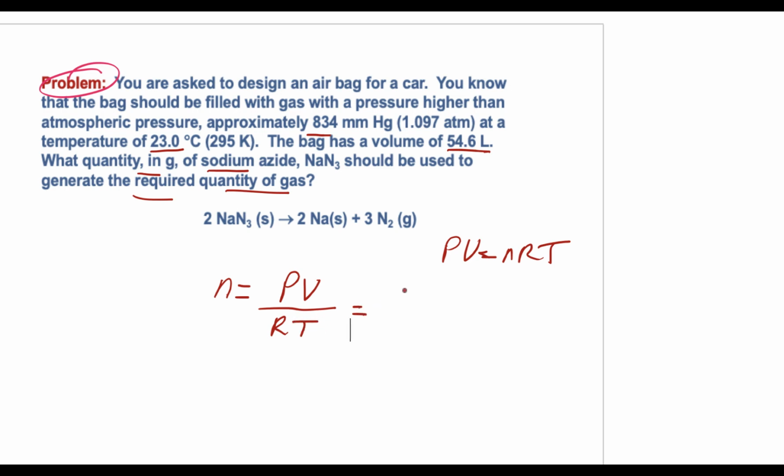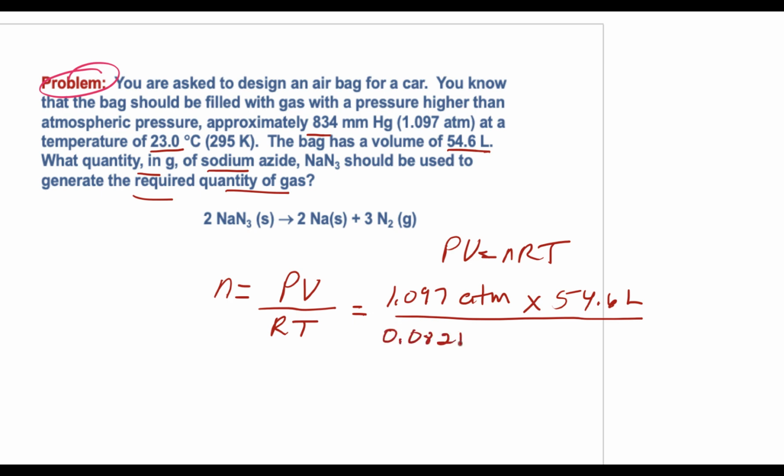So let's find the number of moles. The pressure is 1.097 atmospheres, and the volume is 54.6 liters. We'll divide that by R, which is 0.0821 liter atmospheres per mole Kelvin, times the temperature, which is 295 Kelvin.